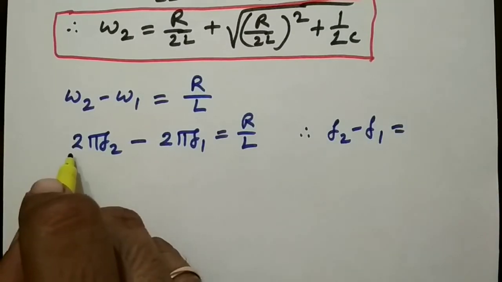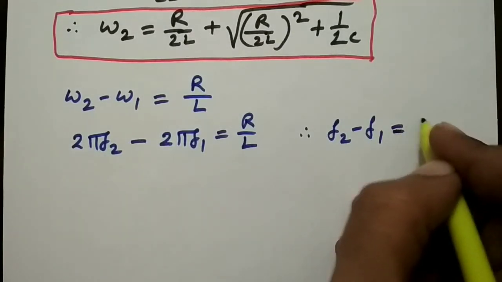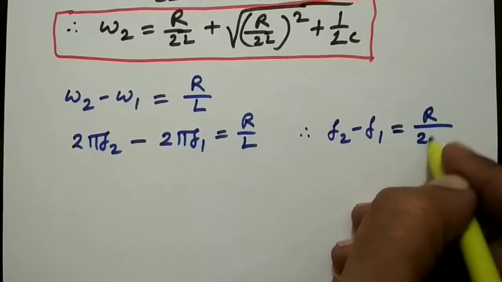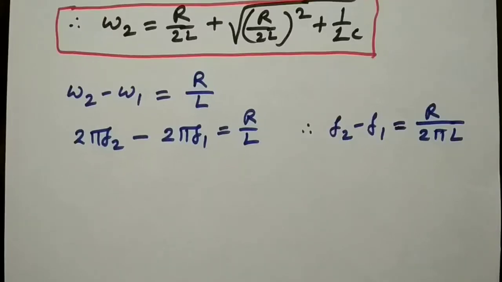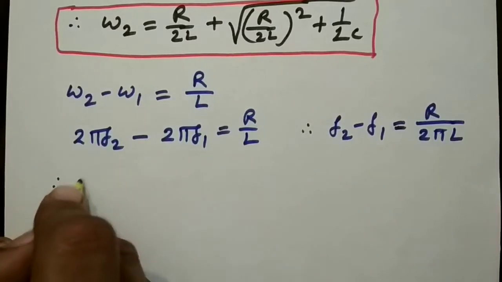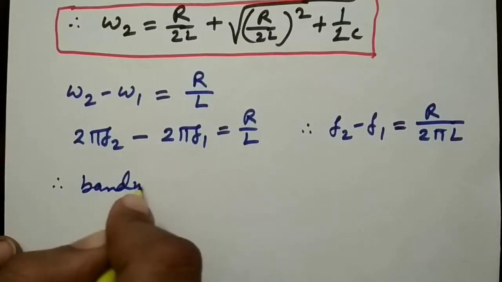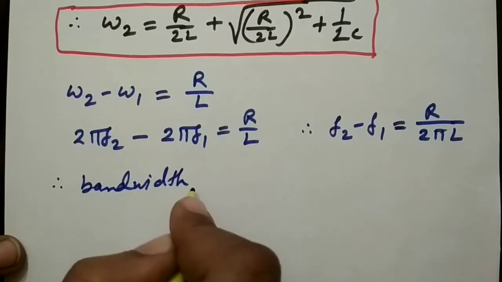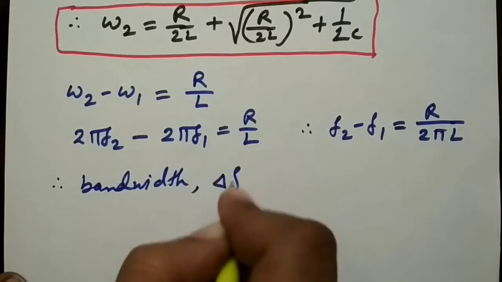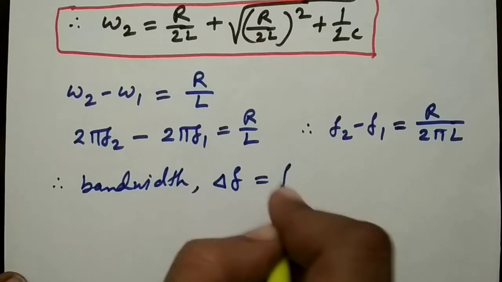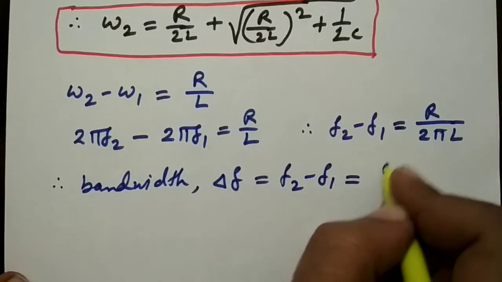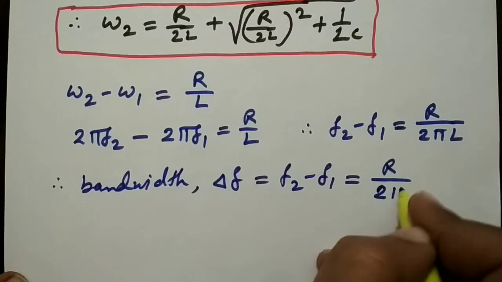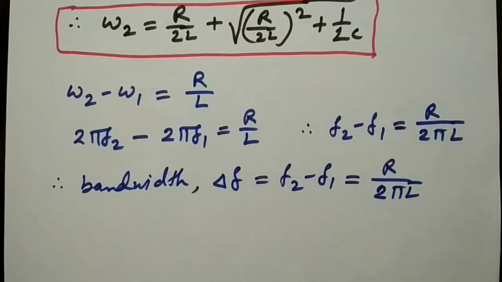If we take 2 pi common, then it will be R by 2 pi L. Therefore, the bandwidth, that is del f, is equal to f2 minus f1, and its value will be R by 2 pi L. That is the expression of the bandwidth.